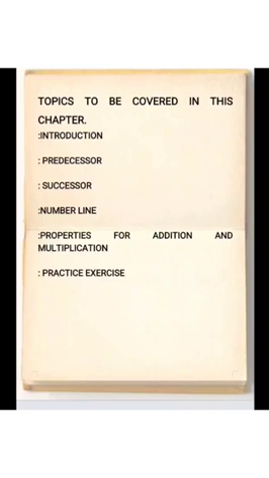In this chapter, we are going to cover, first of all, what is whole numbers, then what is predecessor and successor, then how to compare the numbers with the help of number line. Then we will see some properties for addition and multiplication. Meanwhile, we will do practice exercise also.